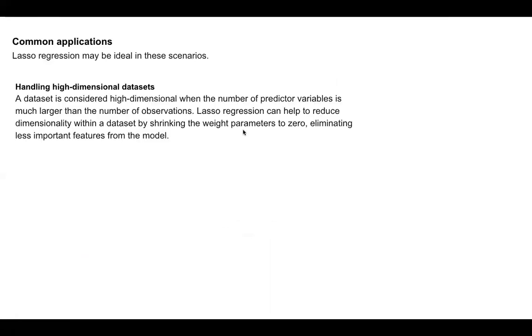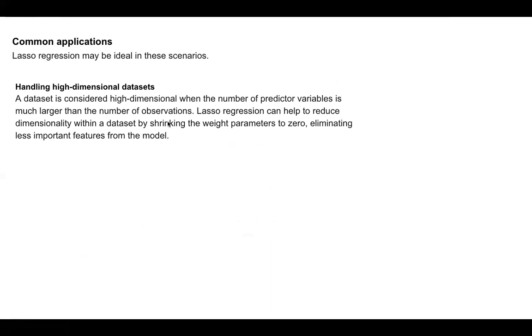So what are the common applications? They may be ideal in scenarios with high dimensional data sets, meaning data which is affected by a large number of parameters, when the number of predictor variables is much larger than the number of observations.